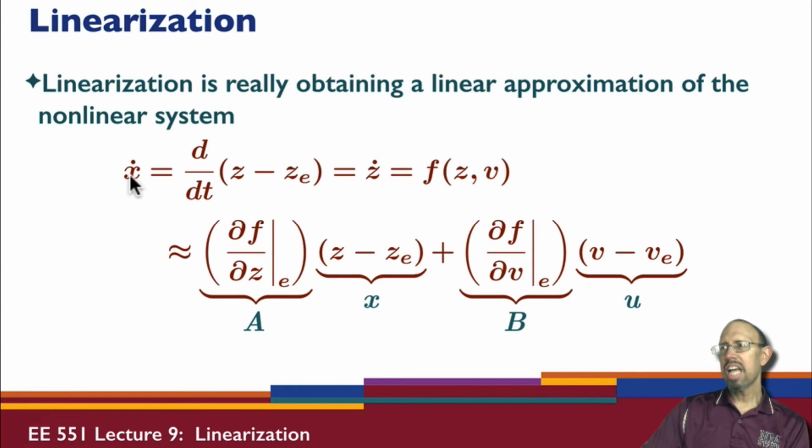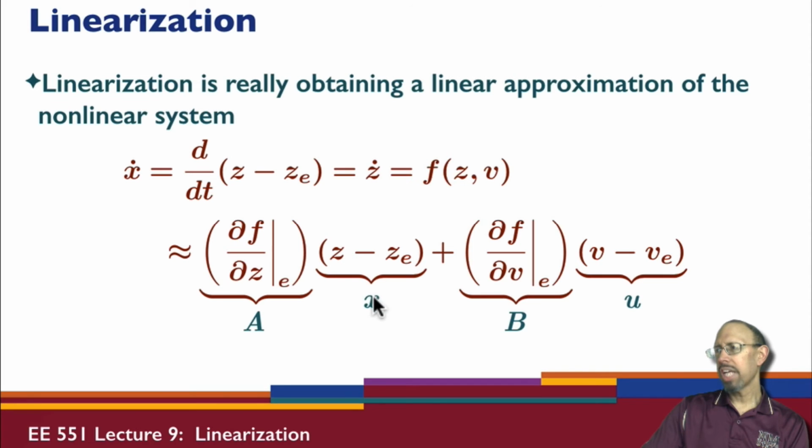So x dot now, which is the derivative with respect to time of z minus ze, we will consider a constant equilibrium condition. ze is a constant, and so we're taking the derivative just of z, which is z dot. But z dot is given by f of z and v, which is approximately equal to all this stuff.